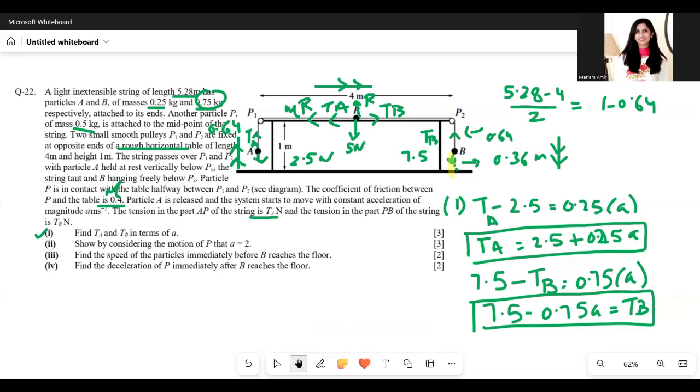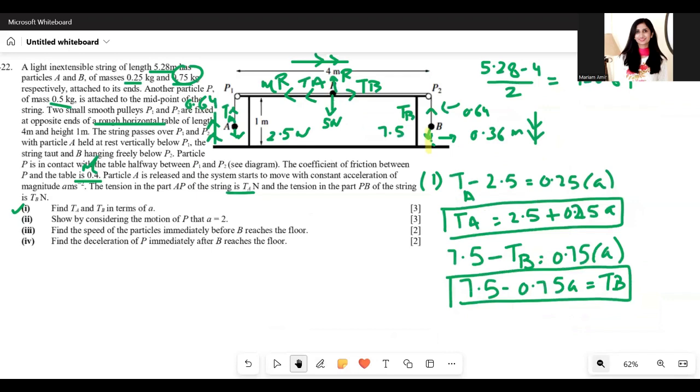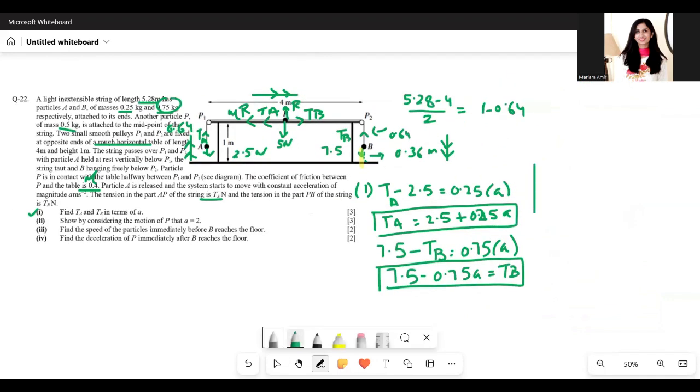So for part 2, forward force is TB minus the two backward forces TA and mu R is equal to Ma. M is 0.5 and a is just a.